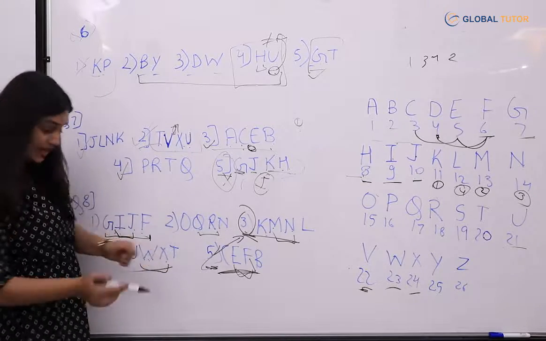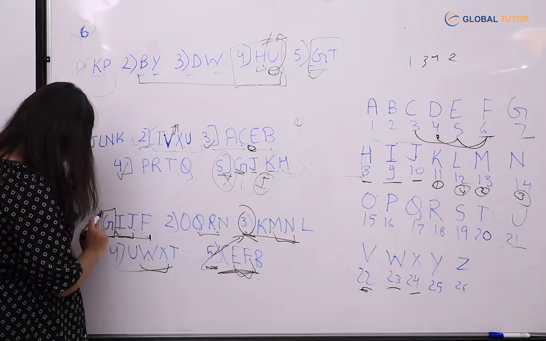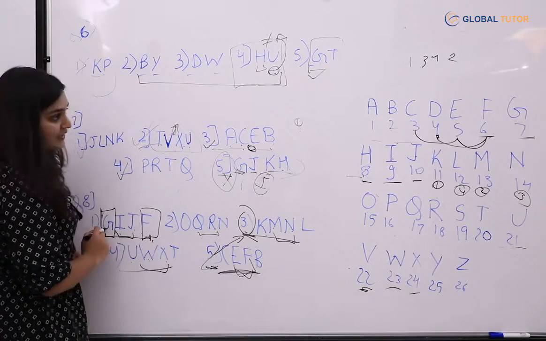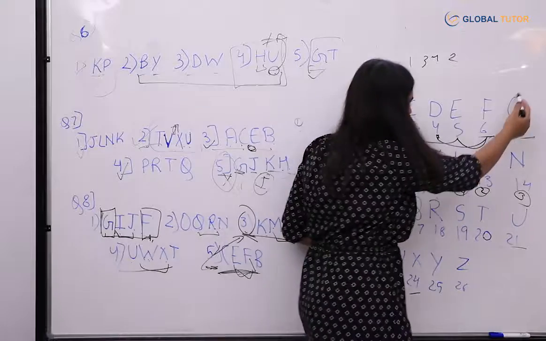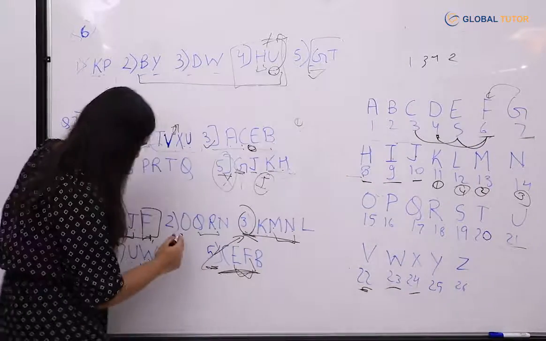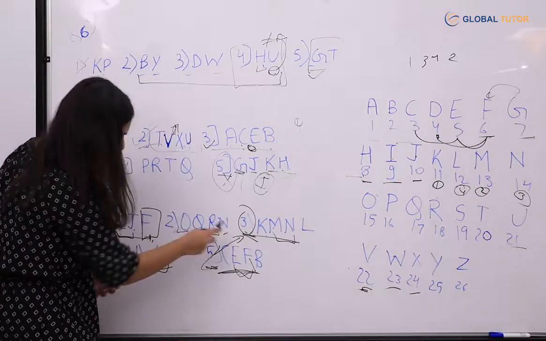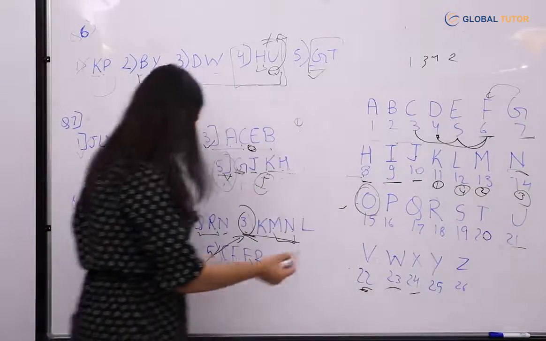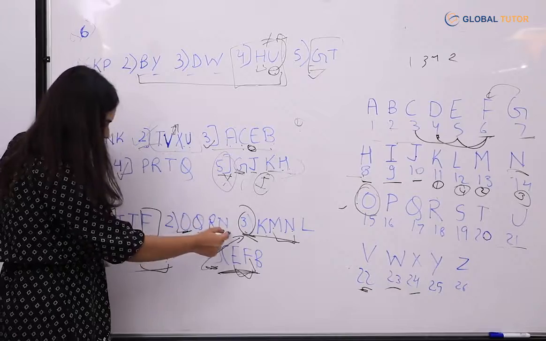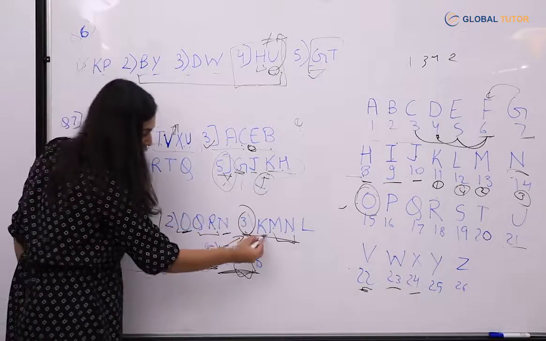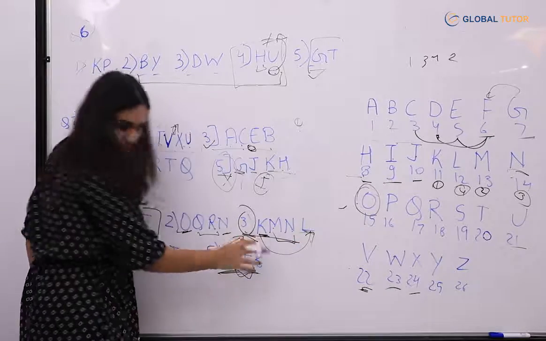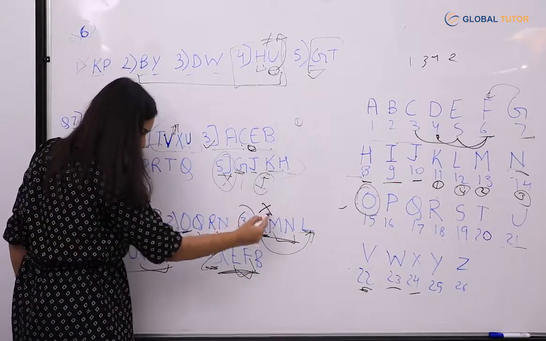Another pattern I have observed here is that after G as the first element, there's F as the last element. And always, if you see here, F comes before G. And then we have O and we have N. O is the first element, N comes before O. So the last element comes before the first element. Although when you see K and L, L comes after K. So this is the odd one out for now.